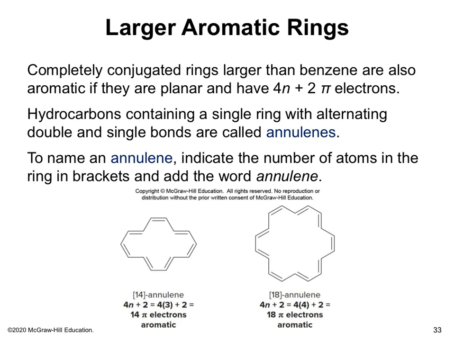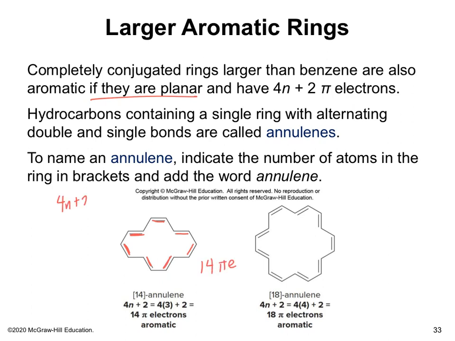Okay, so here we have these compounds. If we assume that these annulenes are planar, can you count the pi electrons? That's 2, 4, 6, 8, 10, 11, 12, 13, 14: 14 pi electrons.